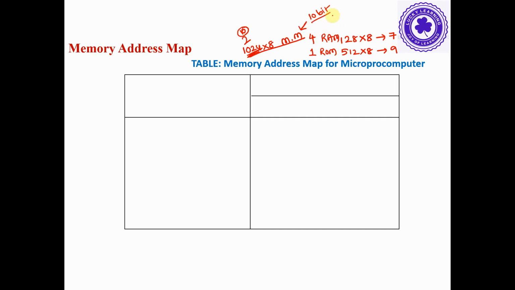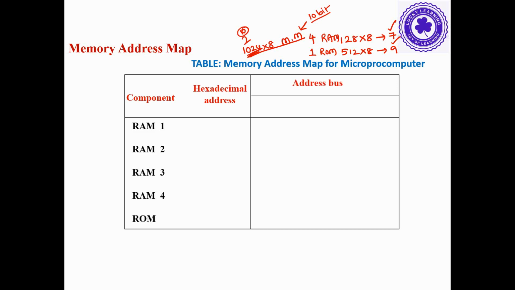In the 10 bits, the least significant 7 bits will be used to find the RAM address, and the least significant 9 bits are used to address the ROM, and the 10th bit will be used to select either RAM or ROM. So how is this going to be shown in the table? Now look, we have 4 RAM chips and 1 ROM chip, and here I am showing you the hexadecimal address, and the address bus will have 10 lines, which I'm representing as 1 to 10.